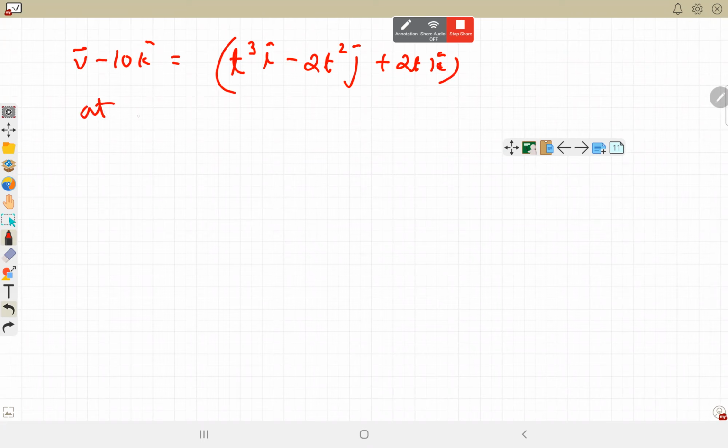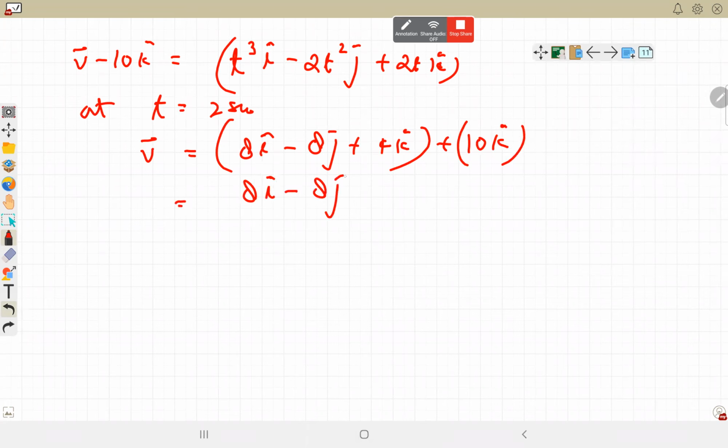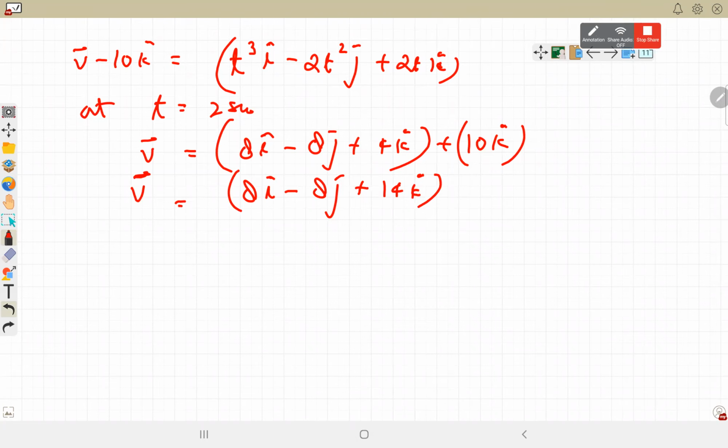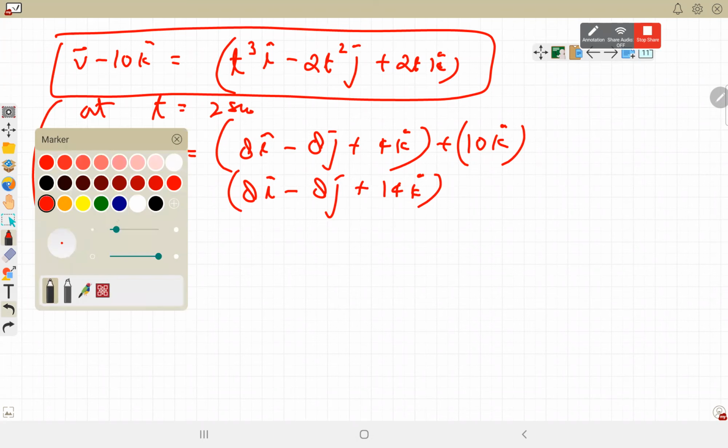We have to find at time t equal to 2 seconds. v is equal to 8i minus 8j plus 4k plus 10 times k cap, which is 8i minus 8j plus 14k. This is the velocity. Now when we have to calculate position, we will take velocity as a function of t. From here we will calculate velocity at a time t.